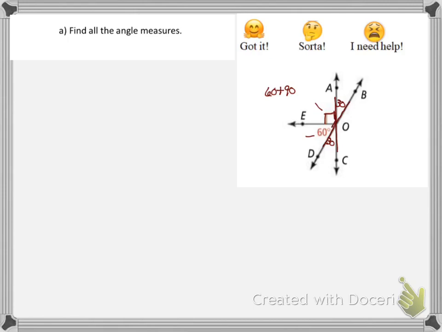So my kissing fish is going this way now. And so 60 plus 90 is 150. So I know that this is 150 right here if I add those together. So BOC is 150 degrees as well.